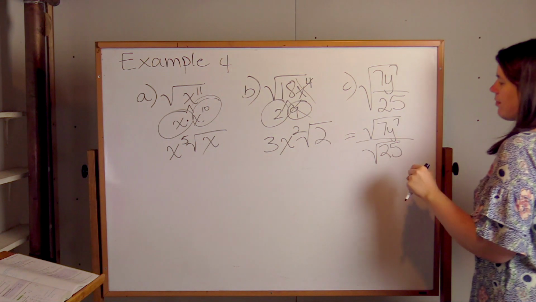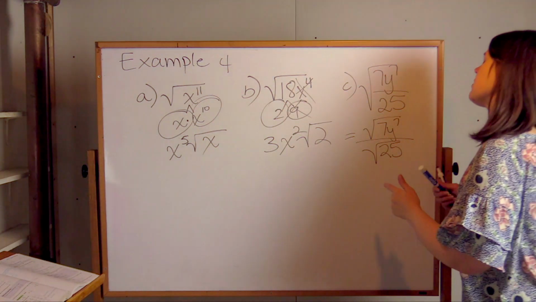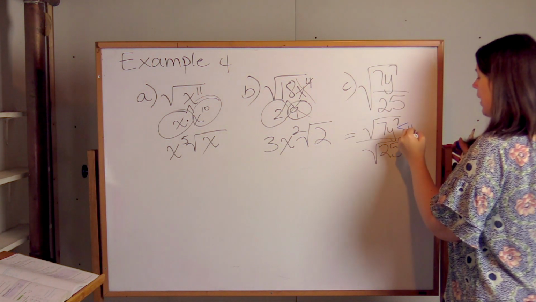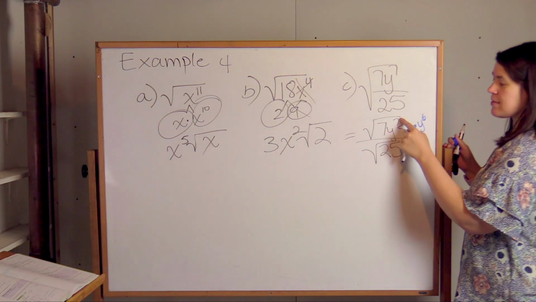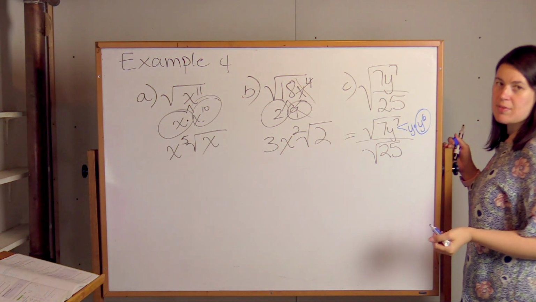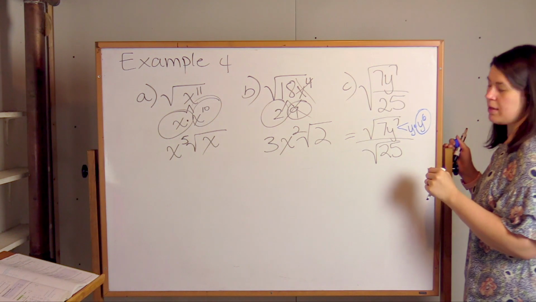For y to the 7th, I'm going to break this into factors. I need it to divide by 2. So if I do y times y to the 6th, 1 plus 6 still equals 7, but I can take the square root of y to the 6th because it's divisible by 2. So 6 divided by 2 is 3.